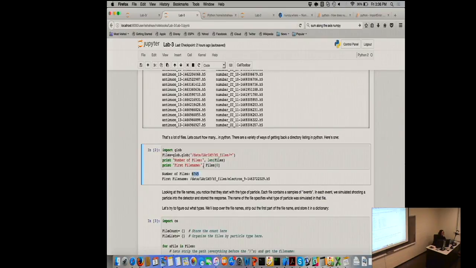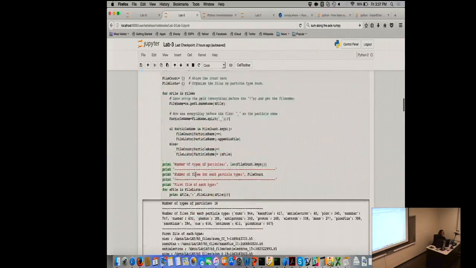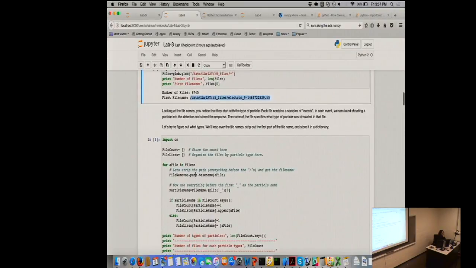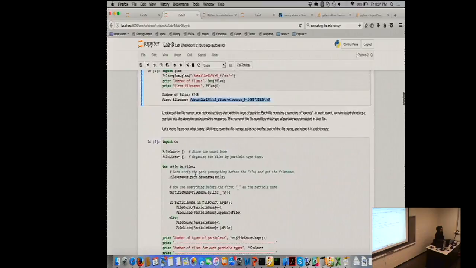If we print the first element, it gives us the first file among these. Each file contains events. Some of them have 500, and some, as you saw in the previous lab, have 2,500.